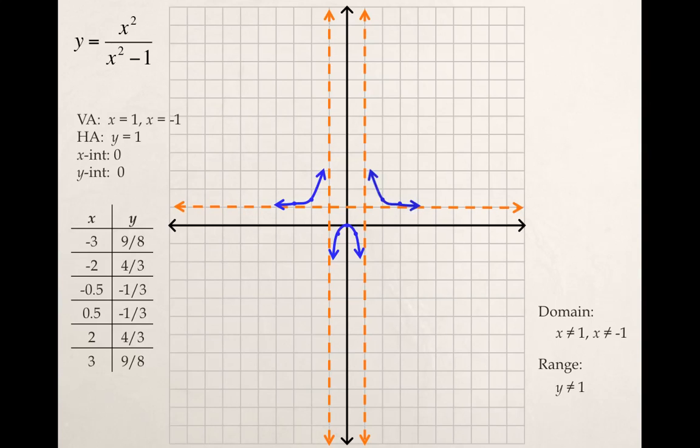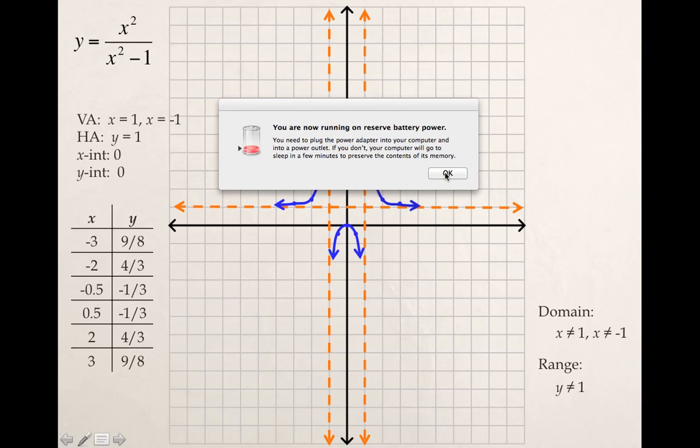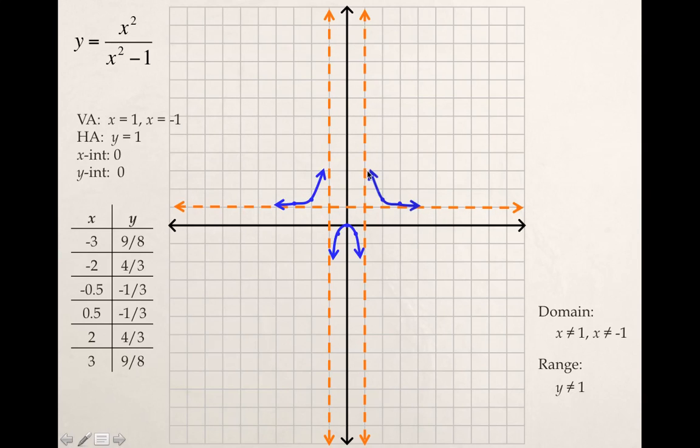All right, so here's what you should have. First of all, we need to recognize that x squared minus 1 in the denominator can be factored. And from those factors, we would get x equals 1 and x equals -1. So this again gives us two different vertical asymptotes that need to be graphed.